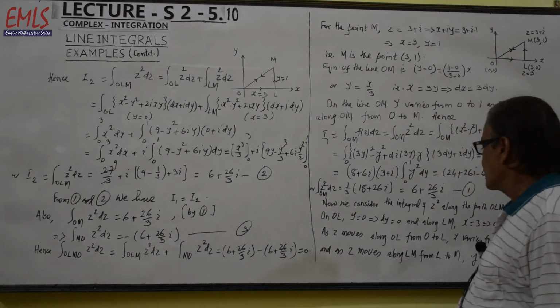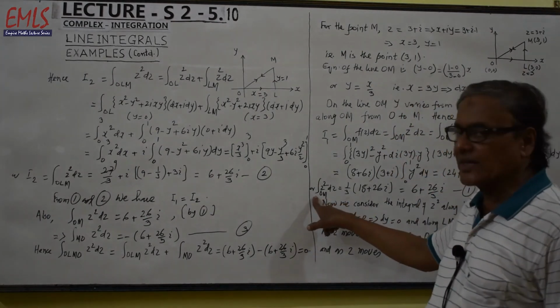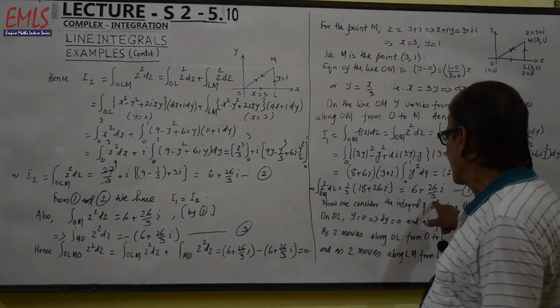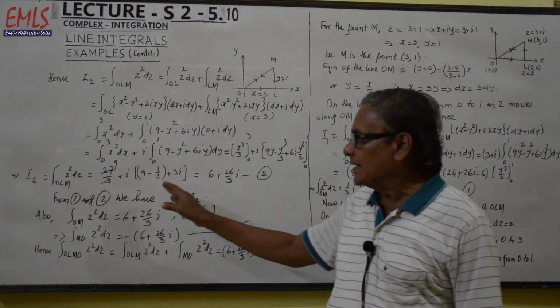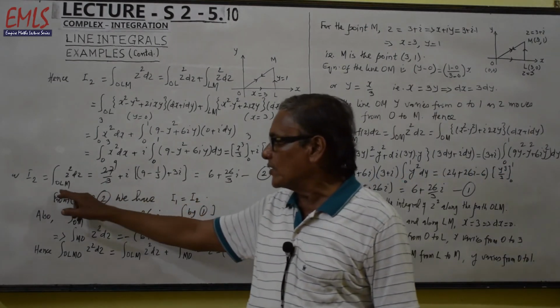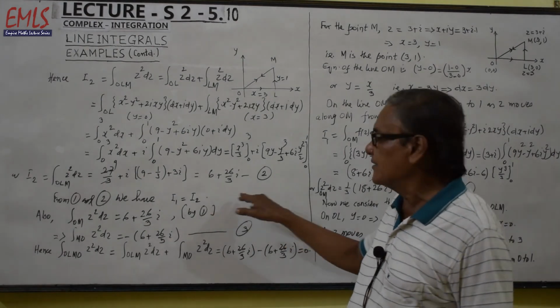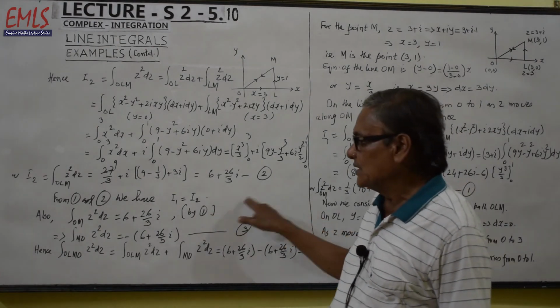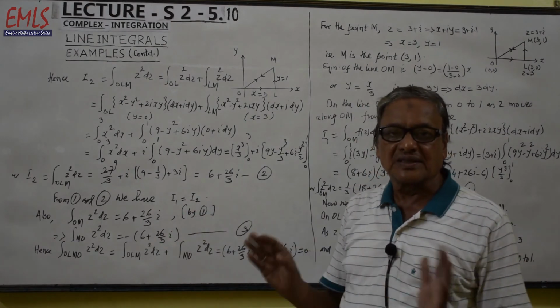So from 1 and 2, the integral of z squared along the path OM is 6 plus 26 by 3 i from 1, and the integral of z squared along the path OLM is again 6 plus 26 by 3 i from 2. So from 1 and 2 we have I1 equal to I2, both the integrals are equal.